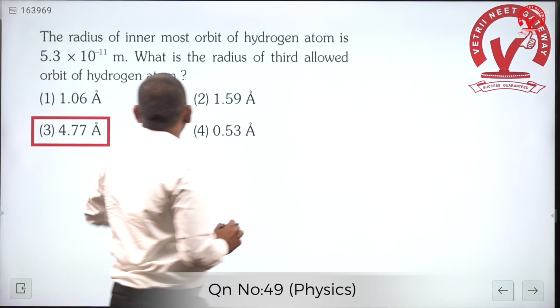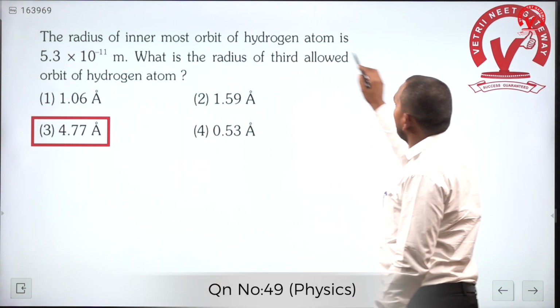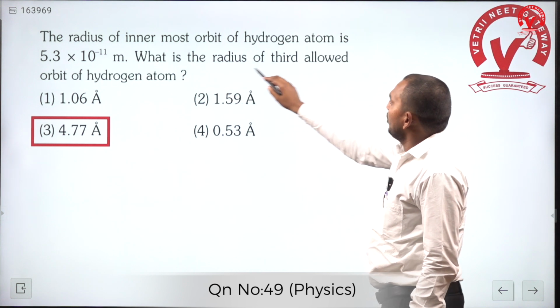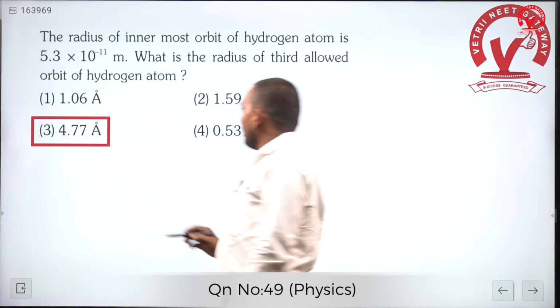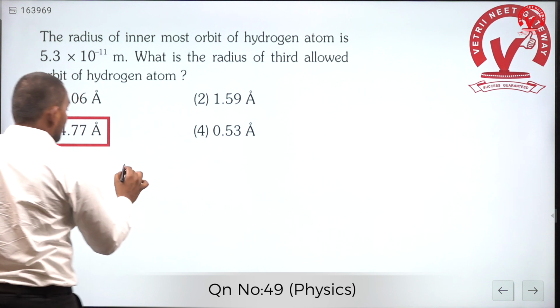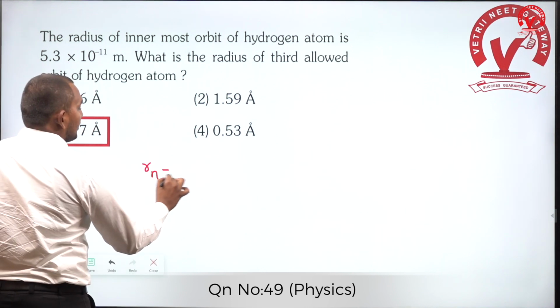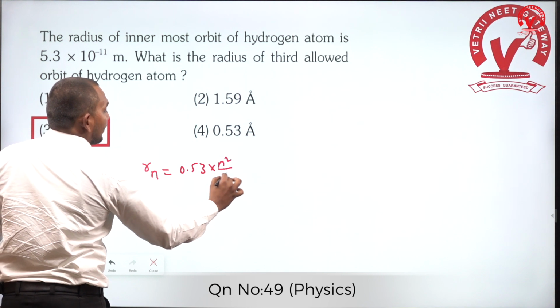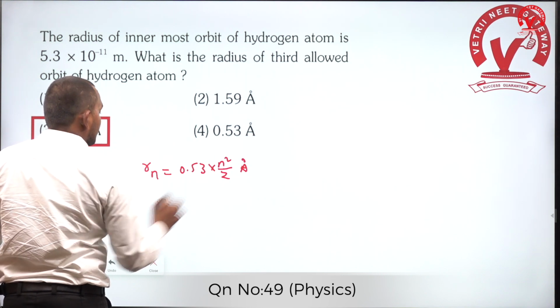Next, the radius of the innermost orbit of the hydrogen atom is 5.3 into 10 power minus 11 meters. What is the radius of the third one? So Rn is equal to 0.53 into n square divided by Z in angstroms.